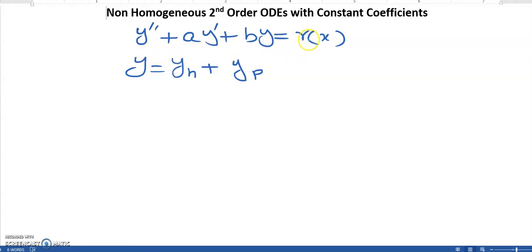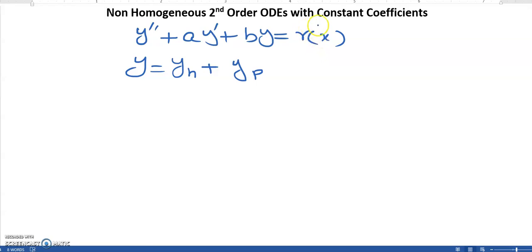In the homogeneous case r(x) is equal to 0, and the other solution, which is represented by yp, the particular solution, is dependent on this function r(x), and generally speaking, the solution yp is similar to the function r(x).